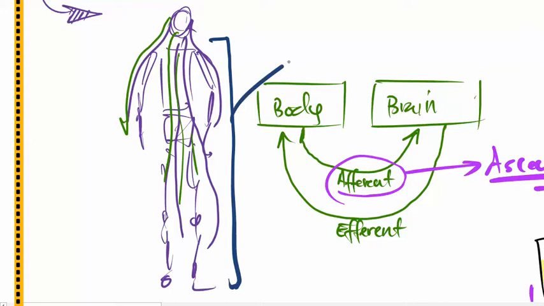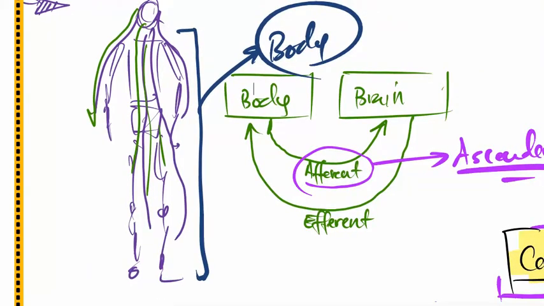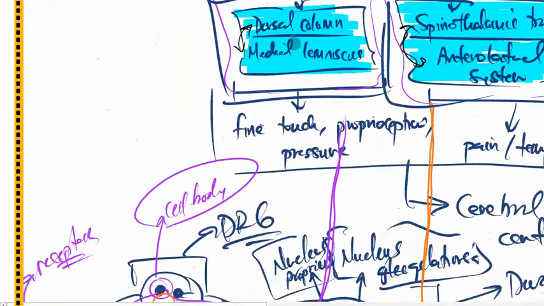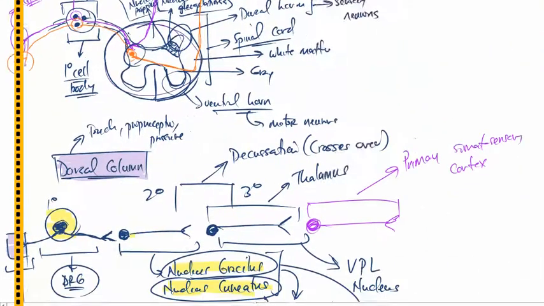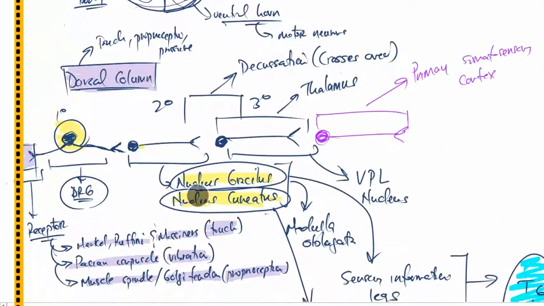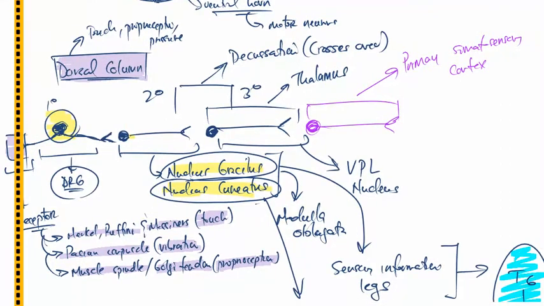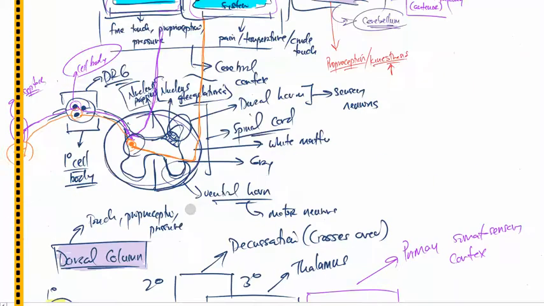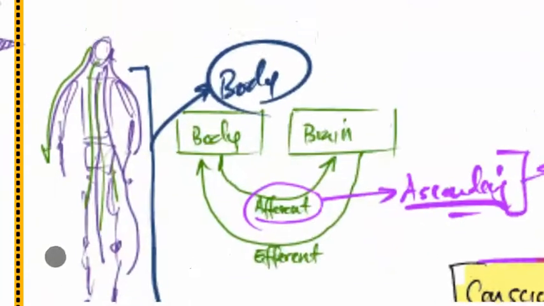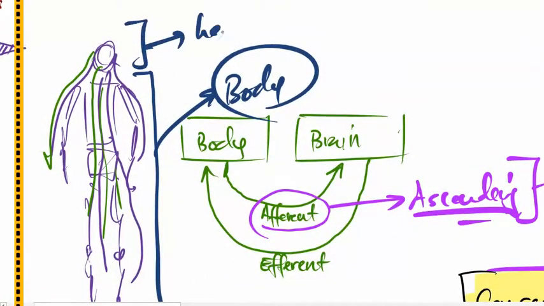We've just been considering just the body, and the body fits into this little schematic here. So when you're looking at a dorsal column and just at the body, the primary neuron is located in the dorsal ganglion. The secondary neuron is located in the nucleus gracilis, nucleus cuneatus. Tertiary, yeah. So when you start talking about the head, it gets a little bit different.